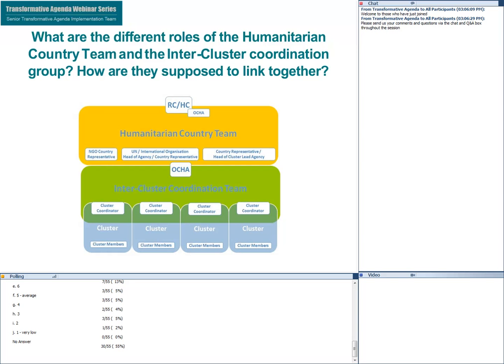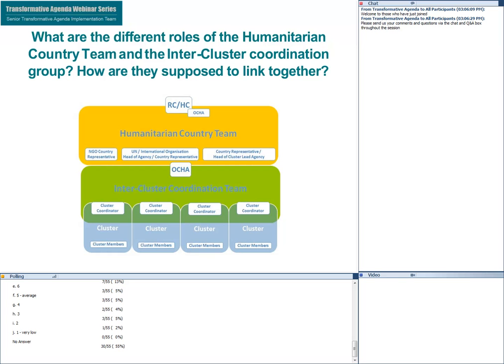The clusters and the interclusters are meant to inform the HC and the HCT strategic decision making by preparing needs assessment, analysis of gaps as well. They also are responsible for developing sectoral plans. They monitor and evaluate performance, and they build national capacity and preparedness and contingency planning. And they also have a role to play in advocacy.